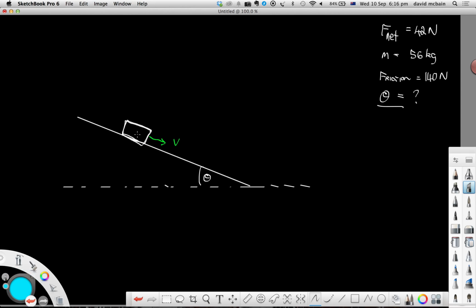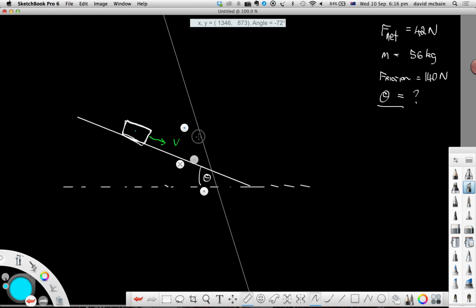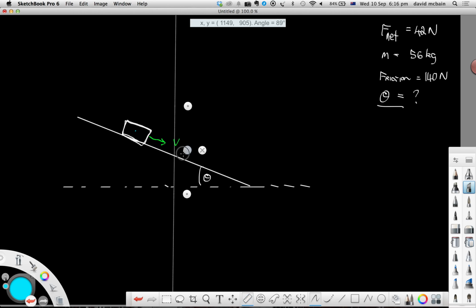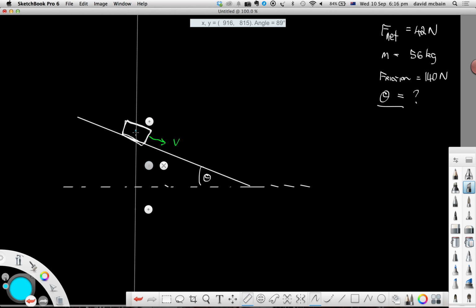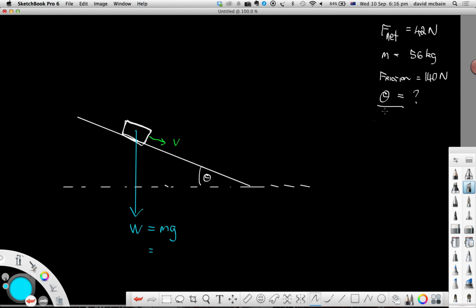Okay, so we know there must be a weight force acting straight down, and that will equal mg. And we know the mass of the skater is 56, so it's going to be 56 multiplied by 9.8, and that will equal 496 newtons.